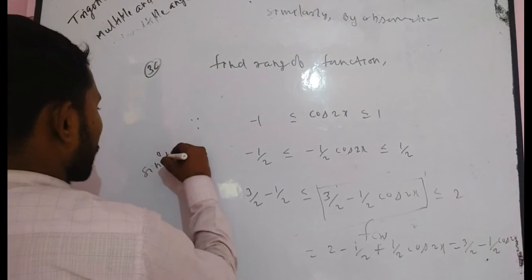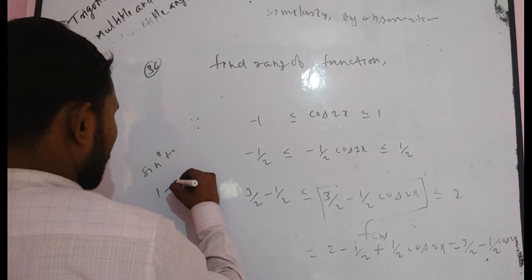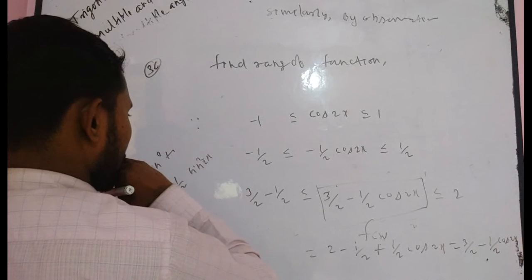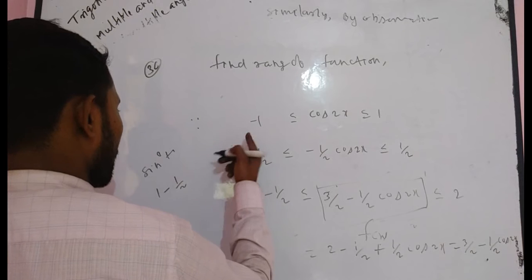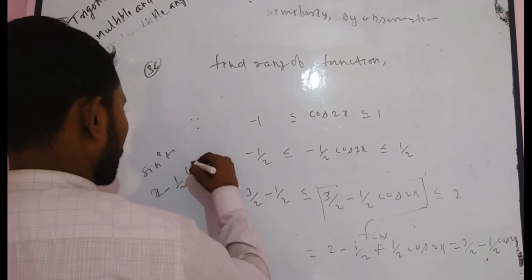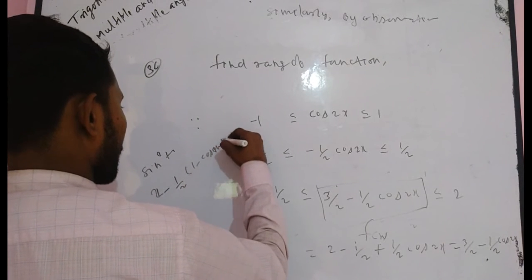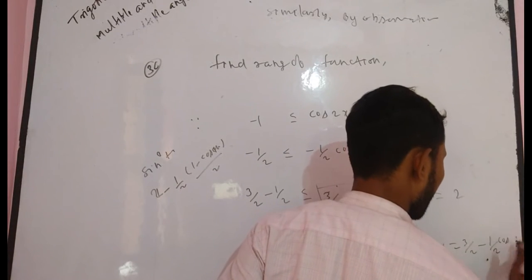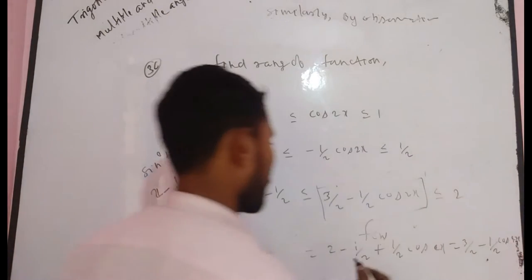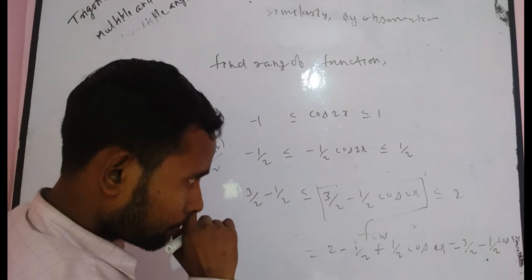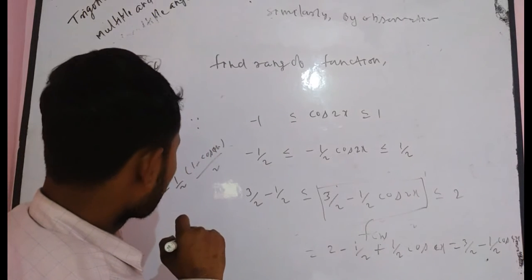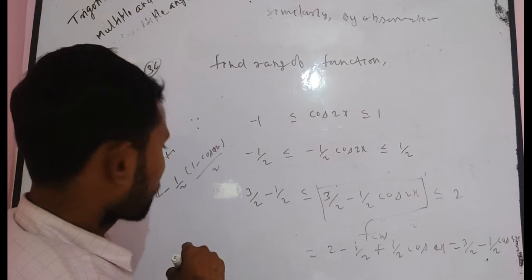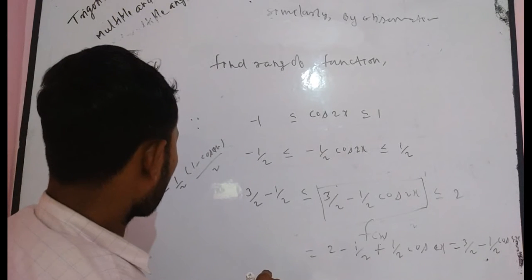Sin x to the power 4 plus 1 minus 2 sin square 2x, and plus 1 plus 2 and 1 minus cos 2x, cos 4x, right? Here will be cos 4x, and cos 4x will be minus minus plus by 2.